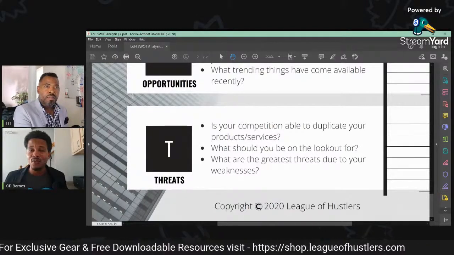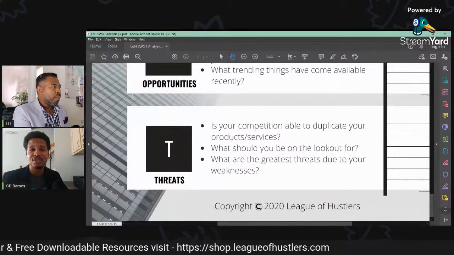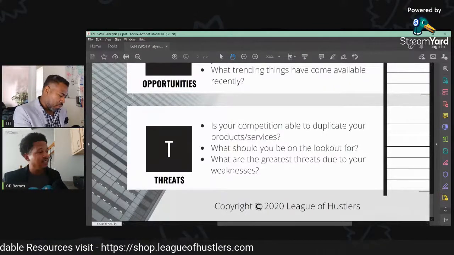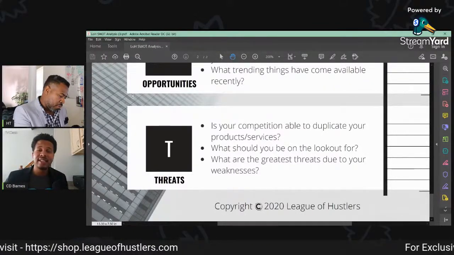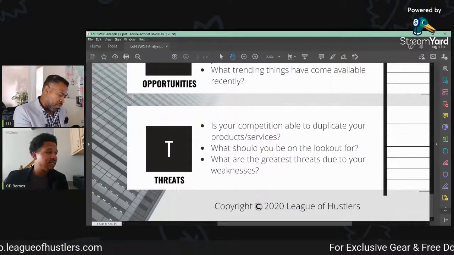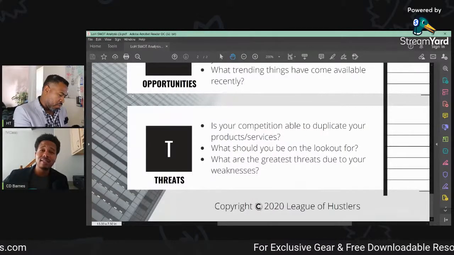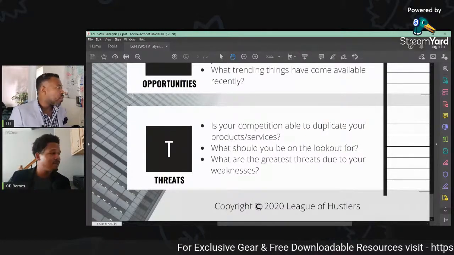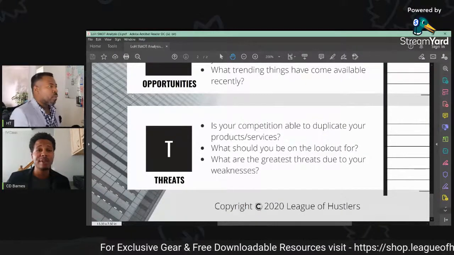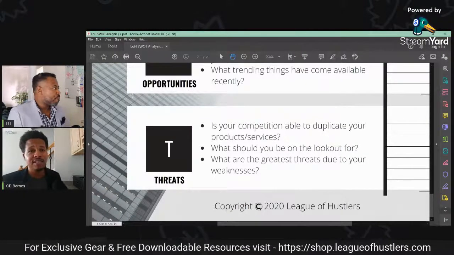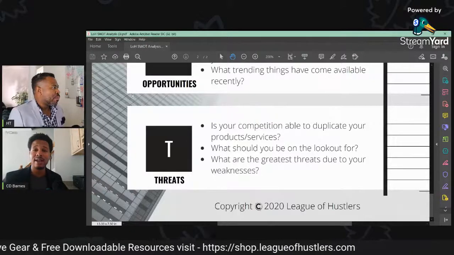When you visited your weaknesses, your strengths or opportunities, were any threats existing in any of those areas? Are the threats existing because of your weaknesses or because of you missing out on some of the current opportunities? Maybe your competition is on TikTok and you aren't. Does that pose a threat to you?